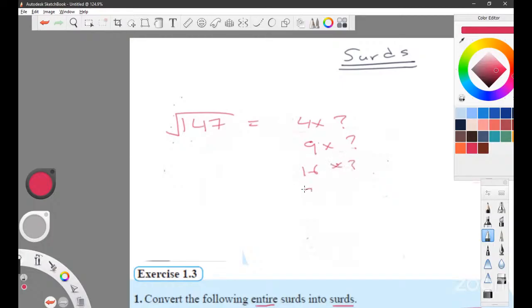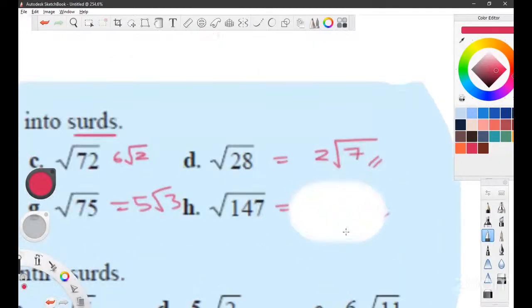What about 25 times? 36 times? No. Then 4 times 3? 147 is made from 49 times 3. You know 49 is the square of 7. So you can write it as 7 square root 3. The answer should be 7 square root 3.